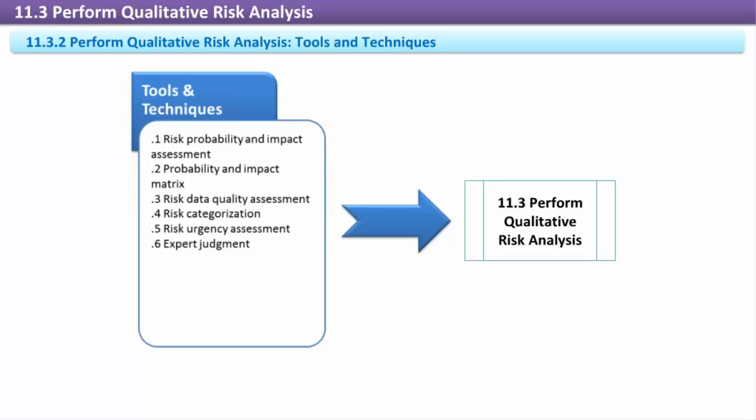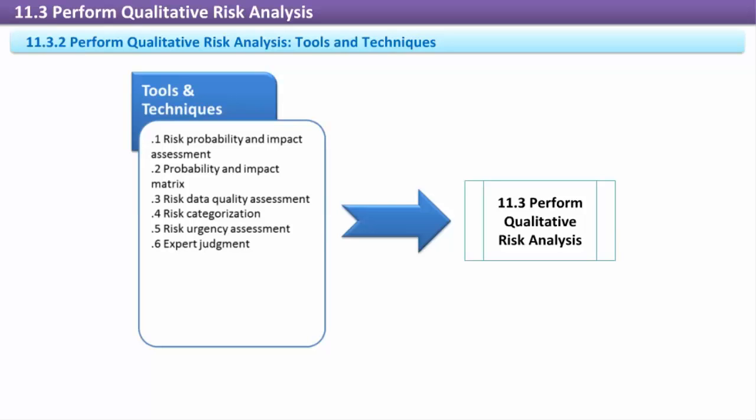Risk data quality assessment. Before qualitative analysis is performed, the risk data gathered should be reviewed for accuracy, reliability, and integrity. Otherwise, the analysis will be based on flawed data. Risk categorization.